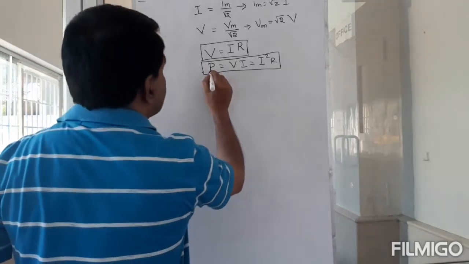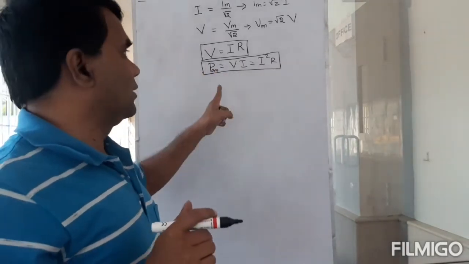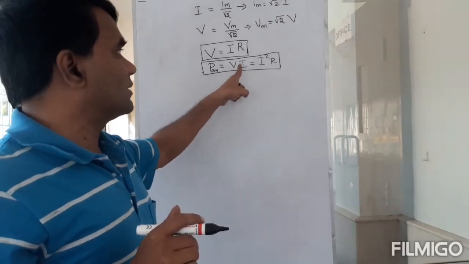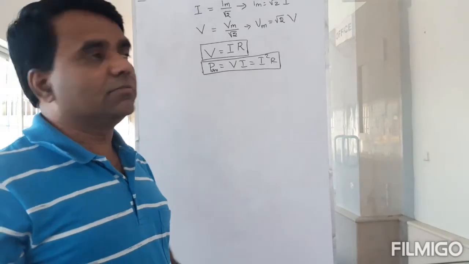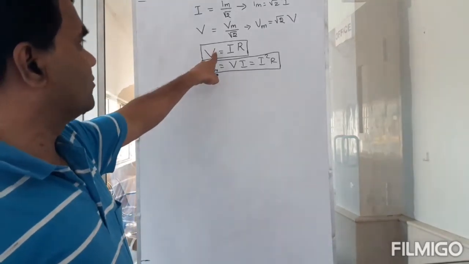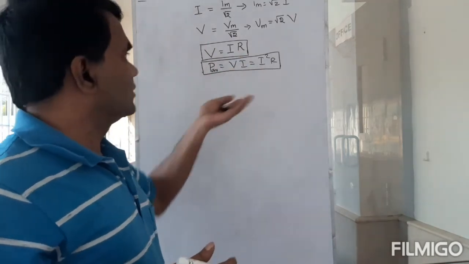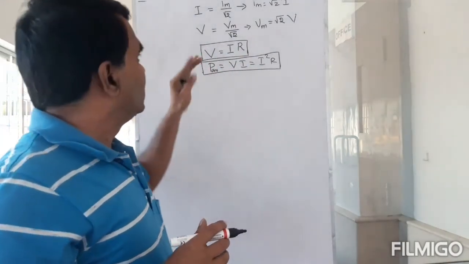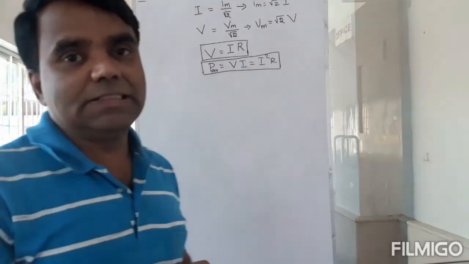This is average power. Careful. This is average power. This is RMS voltage and RMS current. RMS voltage is equal to RMS current multiplied by resistance. So this is how you match AC with DC.